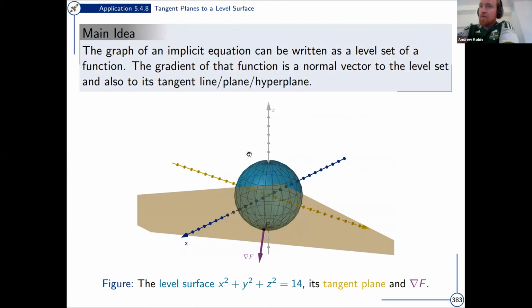By the way, you can do this in 2 dimensions when you have a function f of x of a single variable and get an equation for tangent lines in just the same way. If we have only a single variable's worth of input, then the gradient vector in that case will only be a single number equal to the value of the single derivative of the function at that x value.